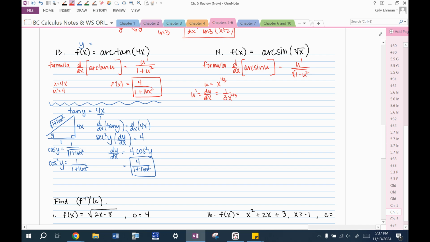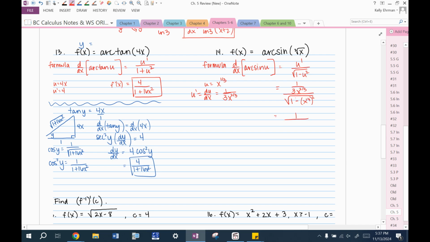So I'm going to put that down here. And so according to the formula, it's u prime, 1 over 3x to the 2/3, over the square root of 1 minus u, x to the 1/3, squared.